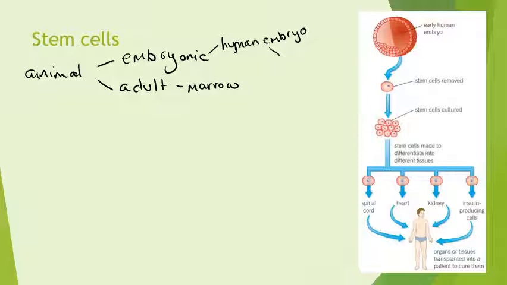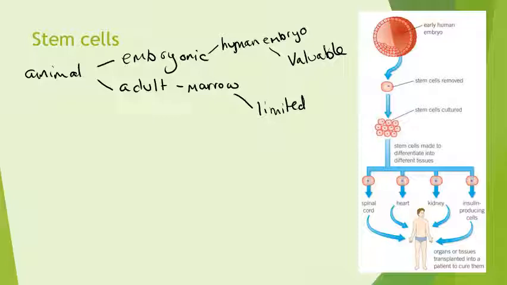So human embryos and embryonic stem cells are very valuable in terms of their ability to differentiate into many forms, whereas adult stem cells in the bone marrow have a limited range of cells they can differentiate into. So they have some use, but not as much as embryonic cells.